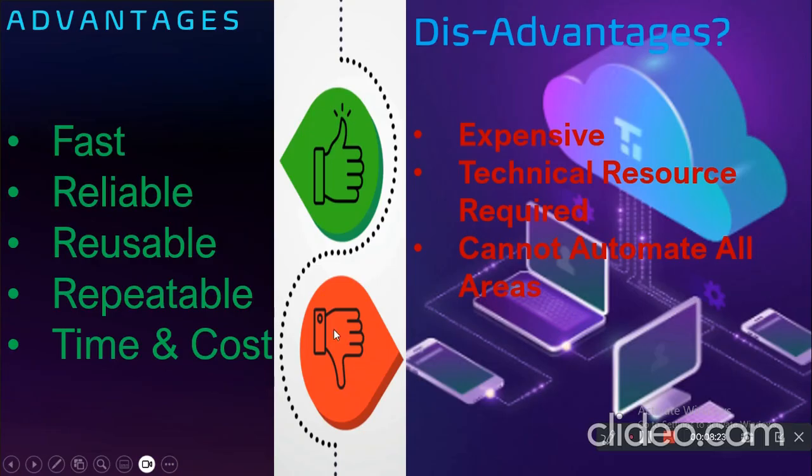Some minimum technical resources are required, that means minimum programming language skills are required to automate an application, and we cannot automate all areas. Okay, so these are the advantages and disadvantages of automation testing.